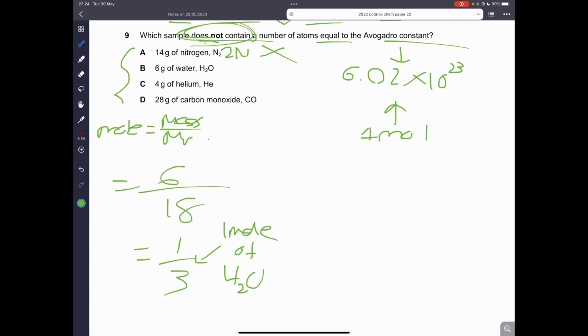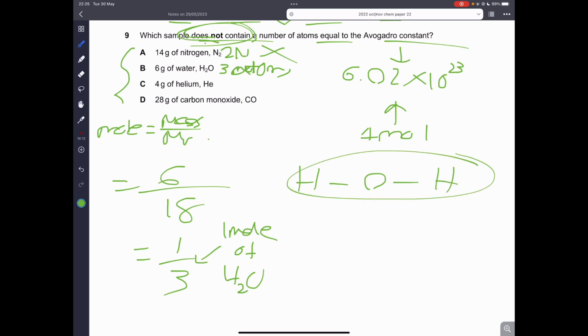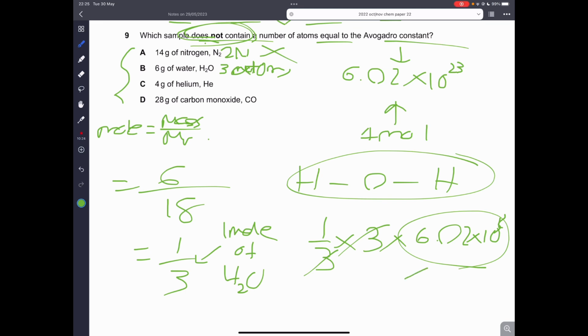And 1 mole of water contains 3 atoms, which are H, O, and H. Because it contains 3, we multiply by 3 and then by the Avogadro constant. This cancels out, so it equals the Avogadro constant again. But the question asks does not equal, so this is wrong.